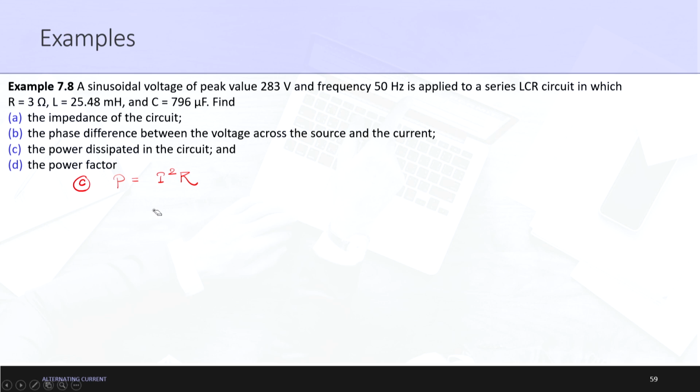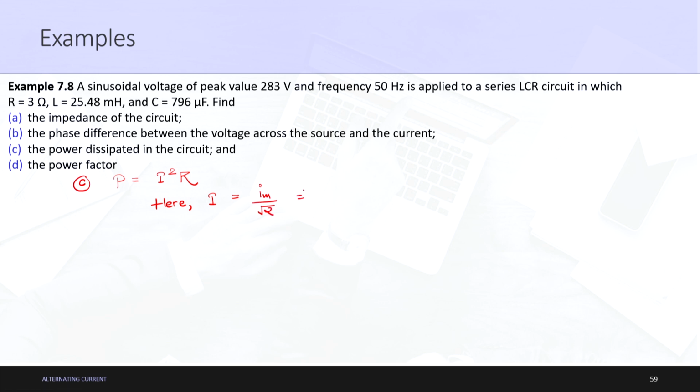Here, let me first write. Capital I has to be calculated first. This capital I is equal to I m by root 2, correct.